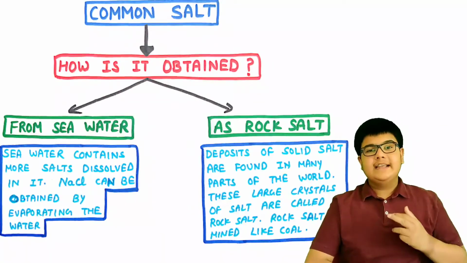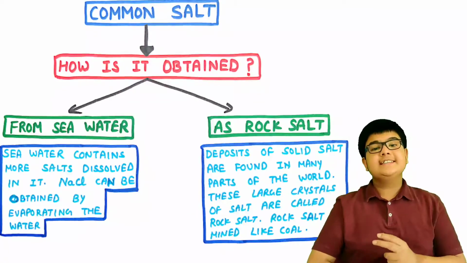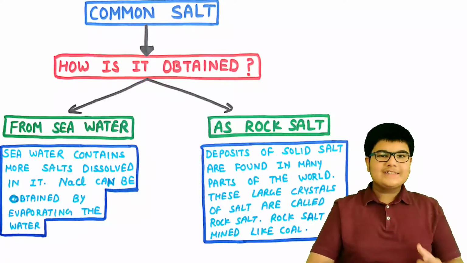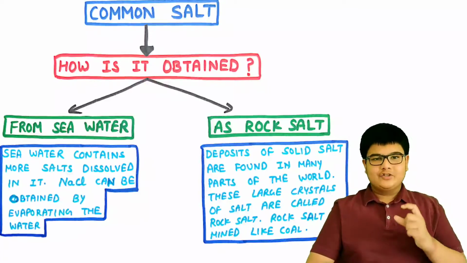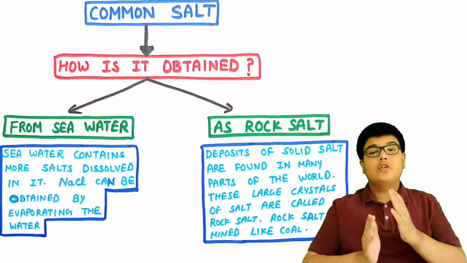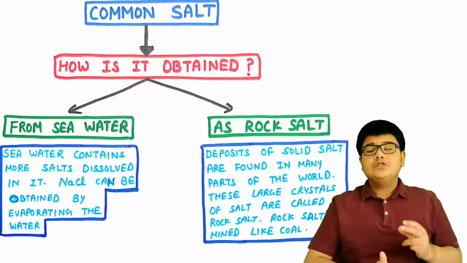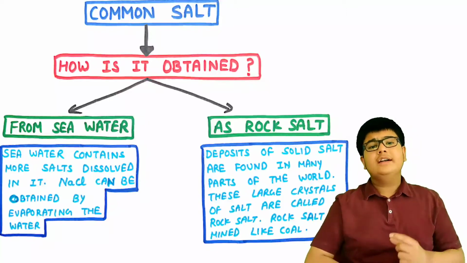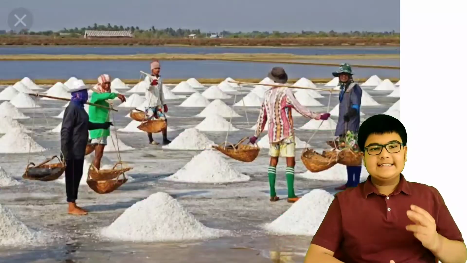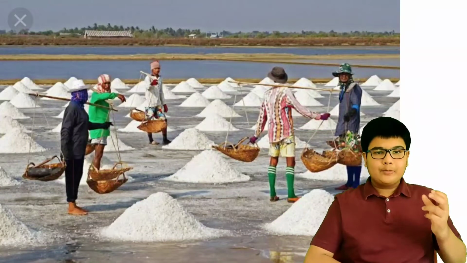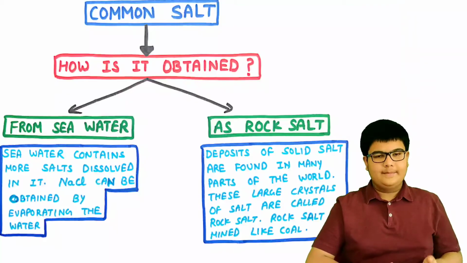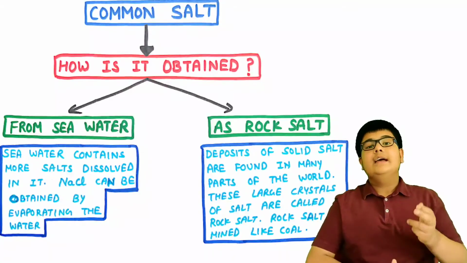Now let us study more about common salt, which is NaCl or sodium chloride. How is this salt obtained? It is obtained from either seawater or in the form of rock salt. As you know, seawater contains many dissolved salts in it. So NaCl can be obtained by evaporating the seawater and then purifying the salt which we get.